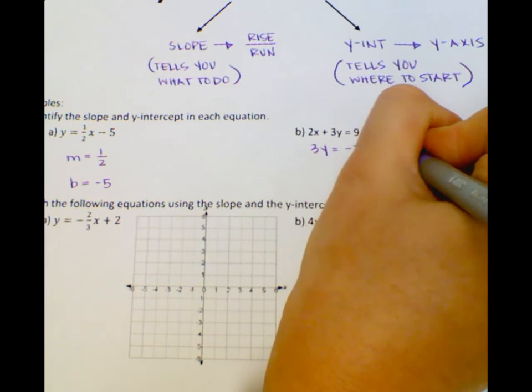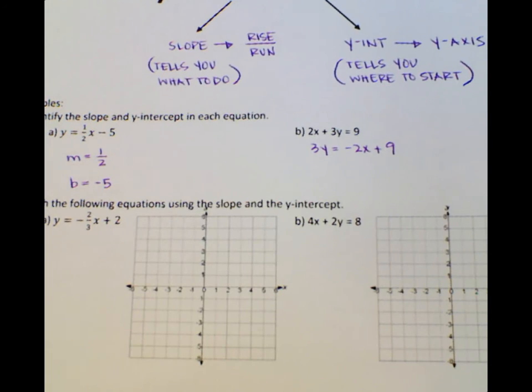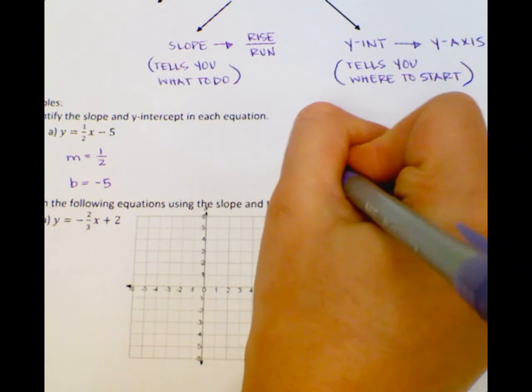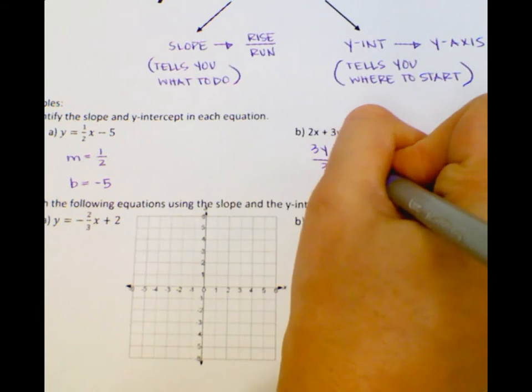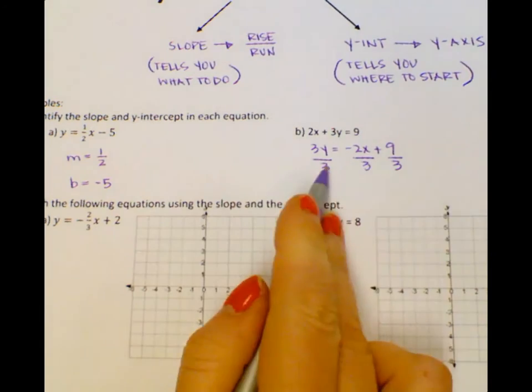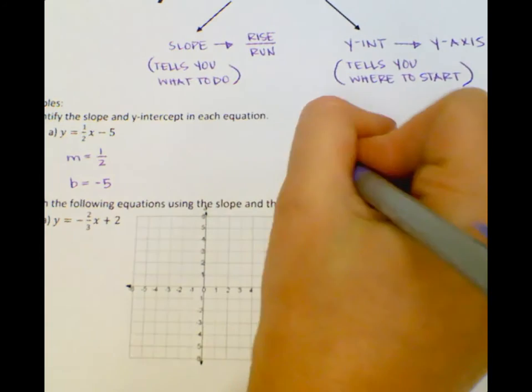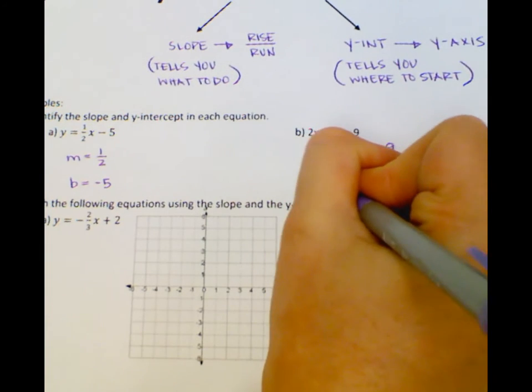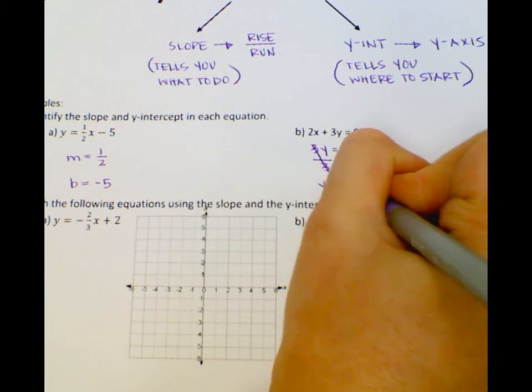-2x plus 9. Okay. Is the y all by itself yet? No. He's got a 3 in front of there. Now the 3 is being multiplied by the y, so what are you going to do? Good. Divide. Now make sure you are dividing everybody by that 3. Everybody. Okay. So this is y equals, we got -2/3 x.